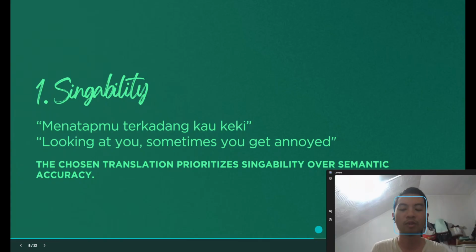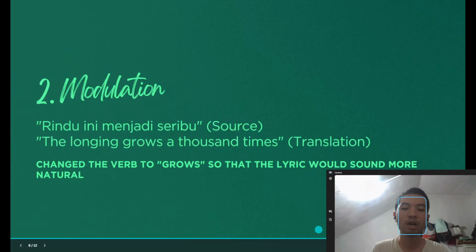Yeah, that's my point. Then the second one is about modulation. From the source language, we have "rindu ini menjadi seribu," and I translate it to "the longing grows 1,000 times."